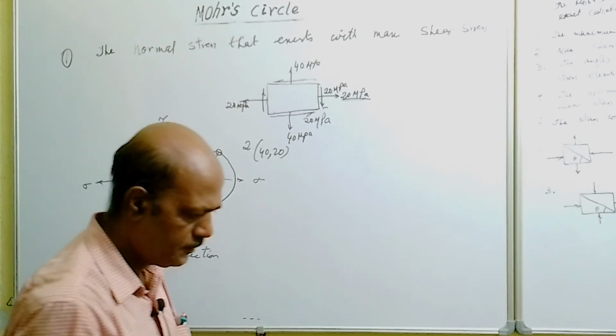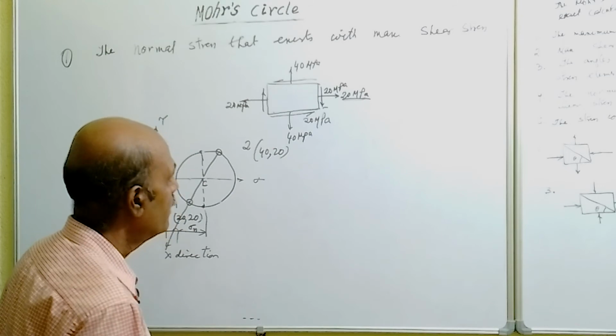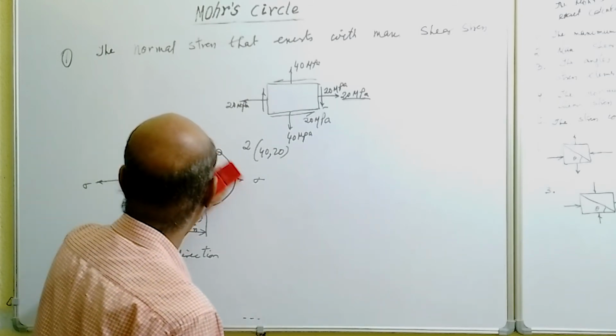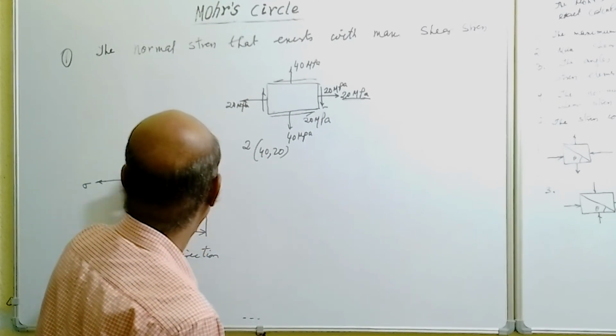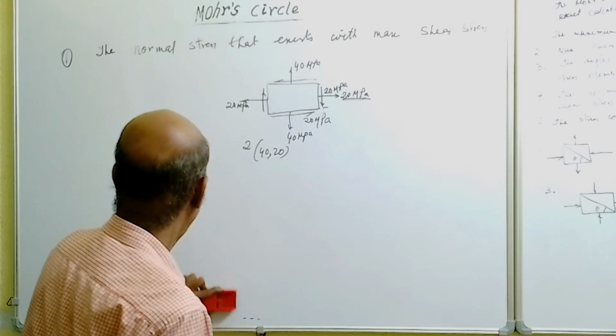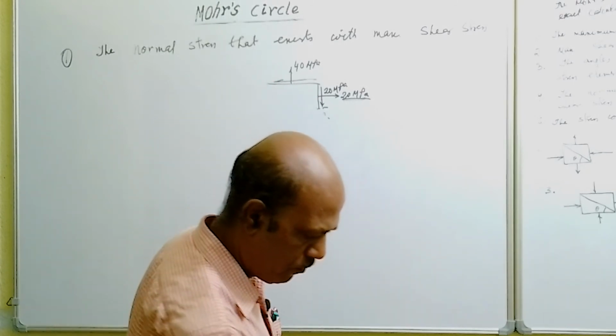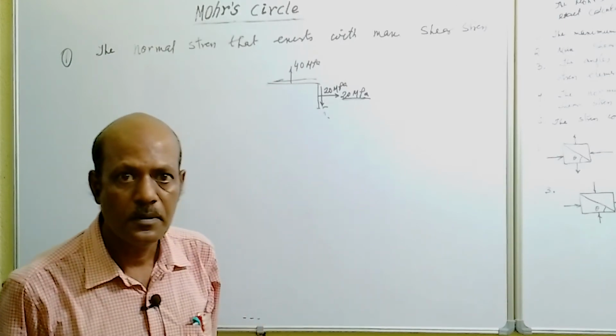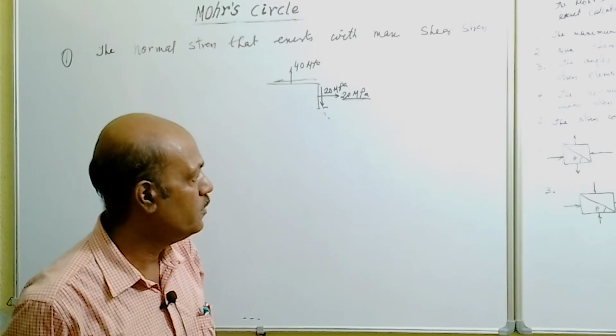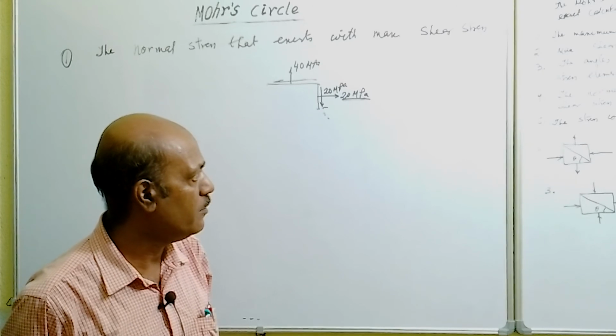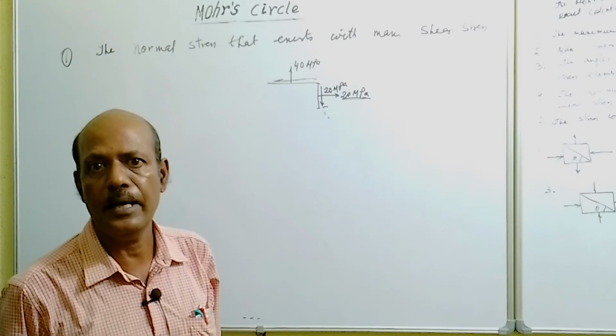Now, we will see some more problems of Mohr circle in the next video. That is the 5th point, the stress condition at any angular orientation.